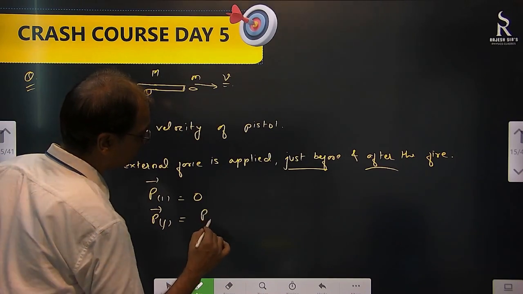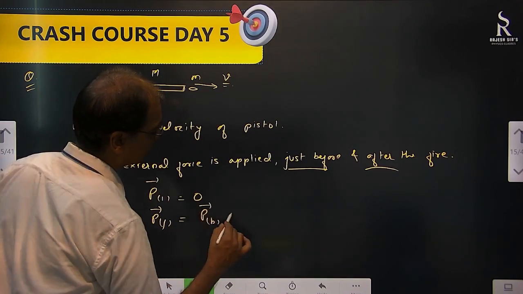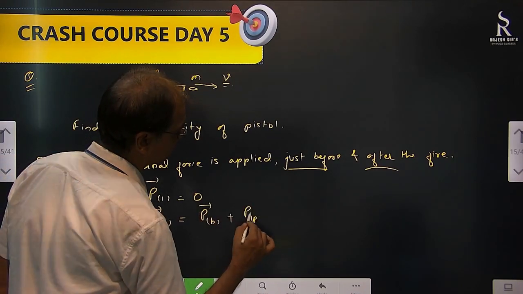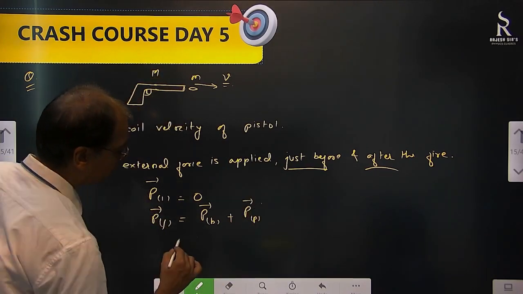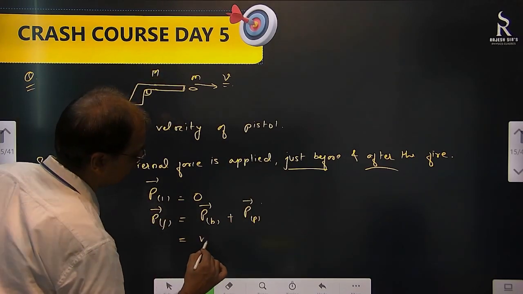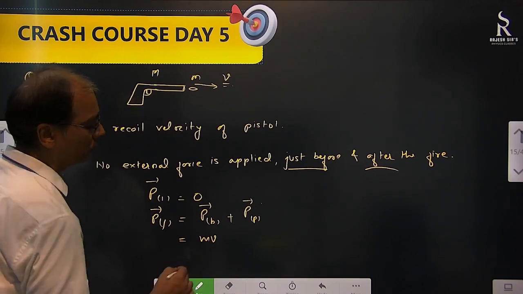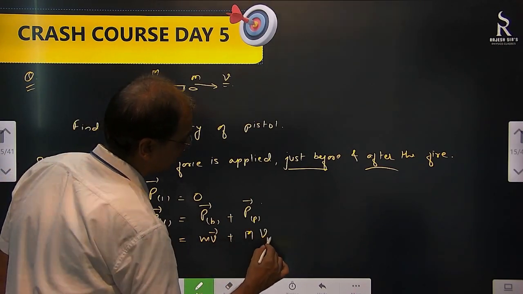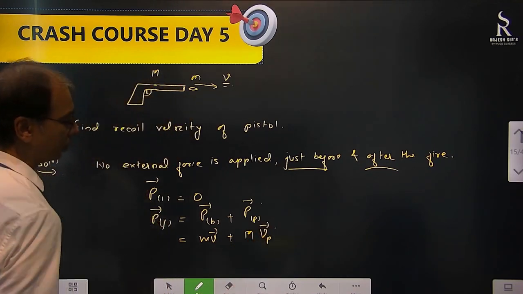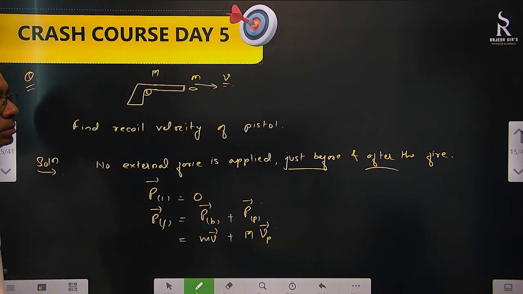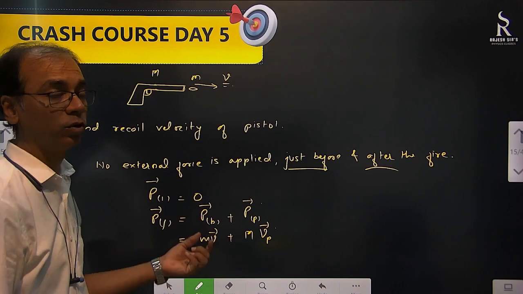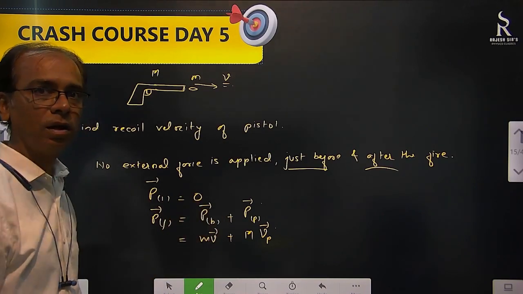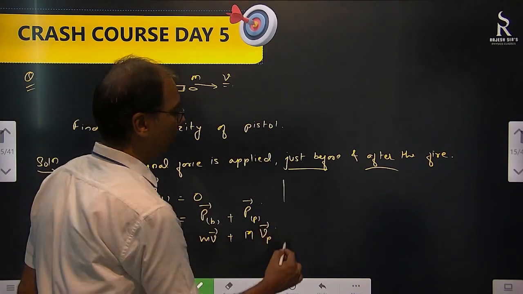So we'll write momentum of bullet plus momentum of pistol. What is momentum of bullet? m into v. What is momentum of pistol? Say M into Vp. But these two are equal. Why? Because no external force is there just before and just after. So equate it.